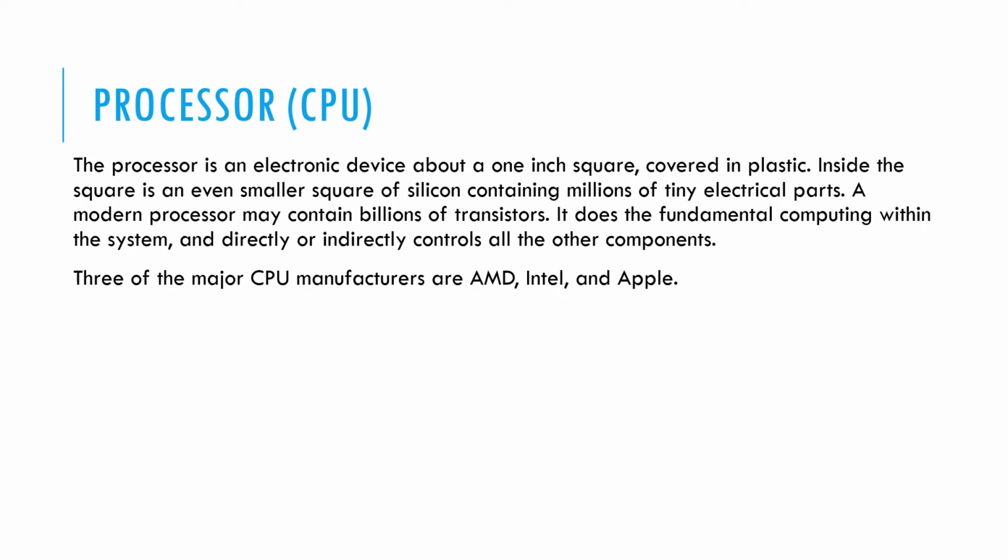Inside of a square is an even smaller square of silicon containing millions of tiny electrical parts. A modern processor may contain billions of transistors. It does the fundamental computing within the system and directly or indirectly controls all the other components. Three of the major CPU manufacturers are AMD, Intel, and Apple.